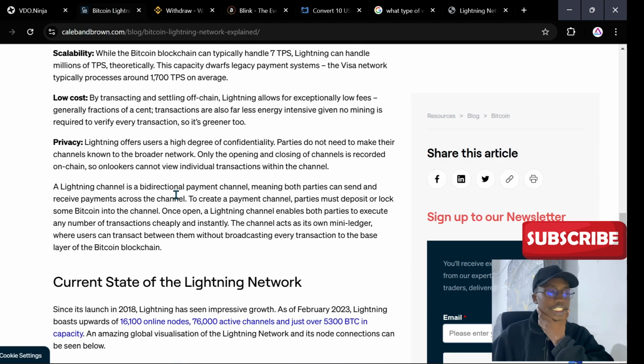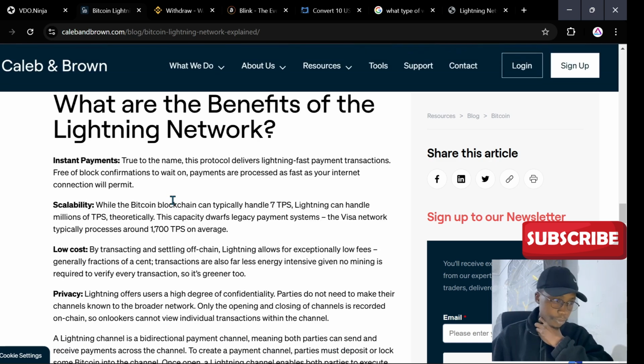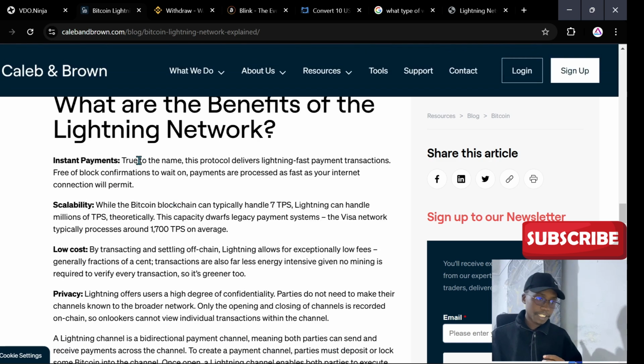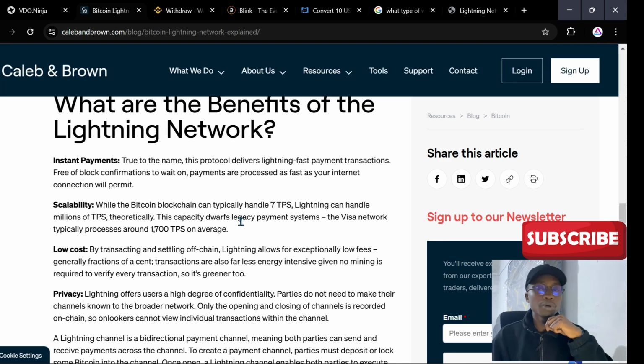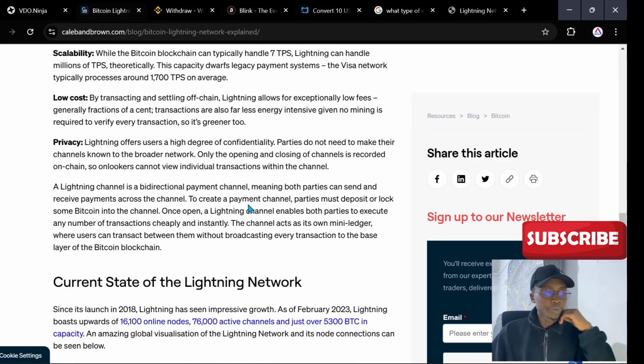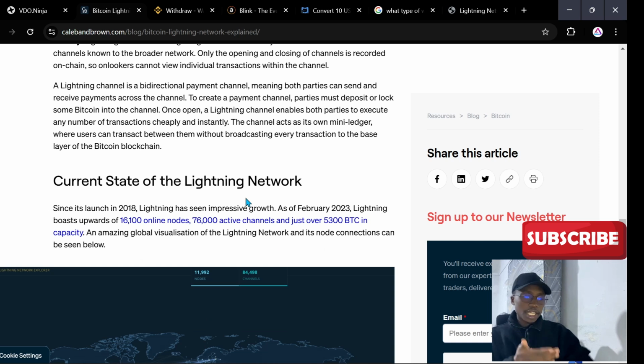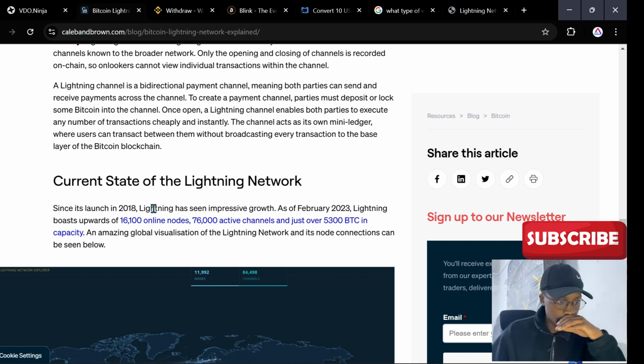It also has privacy. And it is fast, because I remember a time when there was a jam, a congestion in the network, whereby you could have waited for quite some time to receive your money.